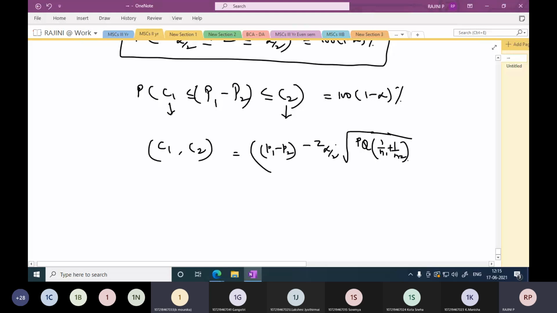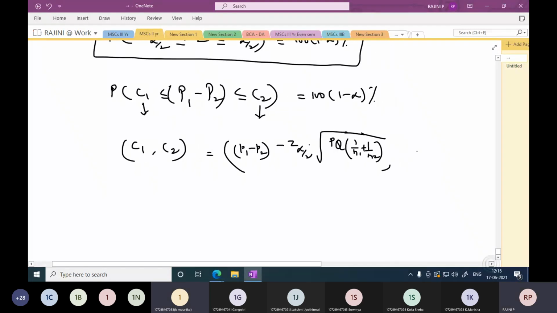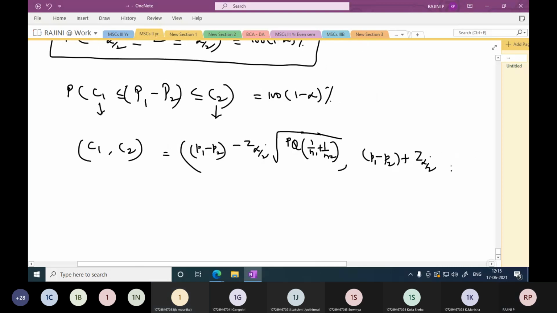What are C1 and C2? These are the confidence limits for P1 minus P2, with small p1 minus small p2. This is C1. What is C2? C2 is p1 minus p2 plus Z alpha by 2 into under root PQ into 1 by n1 plus 1 by n2.